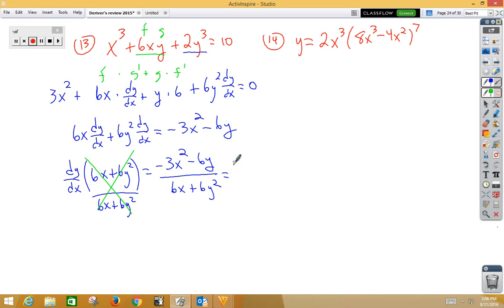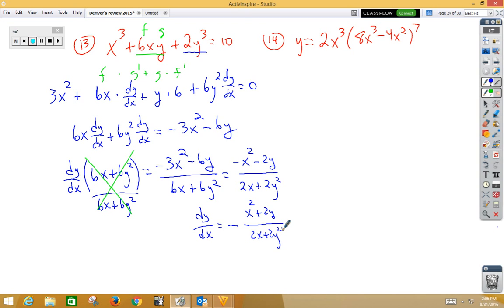We could have a negative x squared minus a 2y over a 2x plus 2y squared. AP might on that one put the negative out in front. They sometimes do that. So if I put the negative out in front like that, then I would have x squared plus 2y on top, 2x plus 2y squared on the bottom.